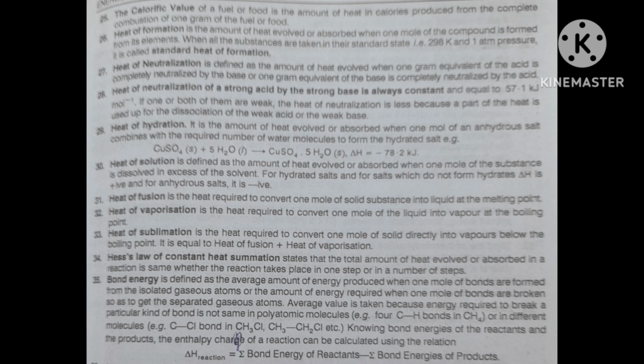Methyl chloride also has 3 CH bonds and 1 CCl bond. Ethyl chloride the same way. And knowing bond energies of the reactants and products, the enthalpy change of a reaction can be calculated using the relation delta H reaction is equal to summation of bond energy of reactants minus summation of bond energies of products.